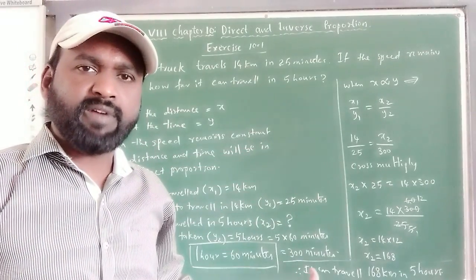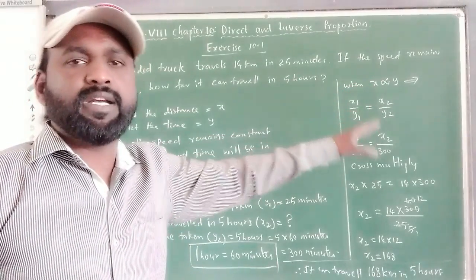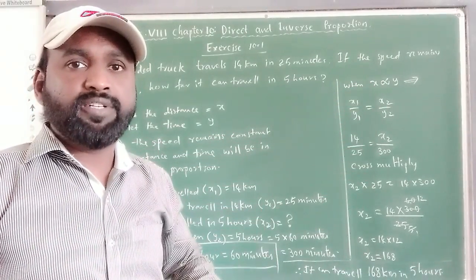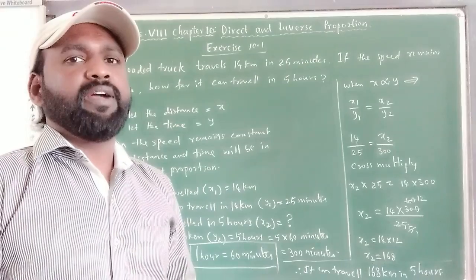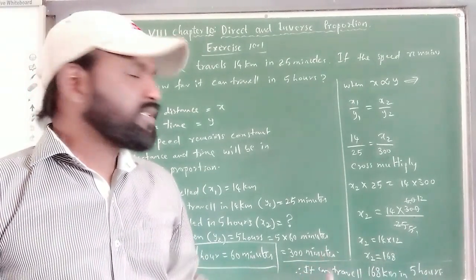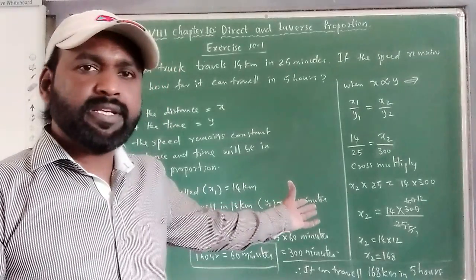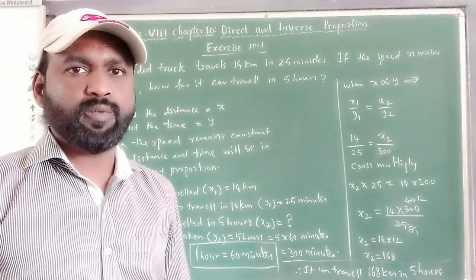What are x1 and y1? The values which are given in the first statement. That is x1 and y1. Next, what you are going to find? For that you have to assign x2 and y2. Okay? When it is in direct proportion, x1 by y1 is equal to x2 by y2. Substitute the values and go for cross multiplication and simplification. You will be getting the exact result what you require actually.